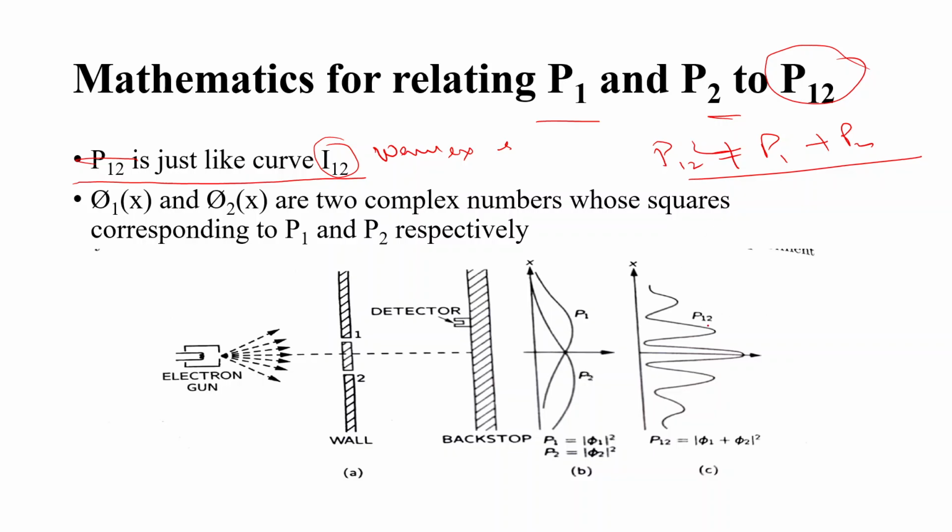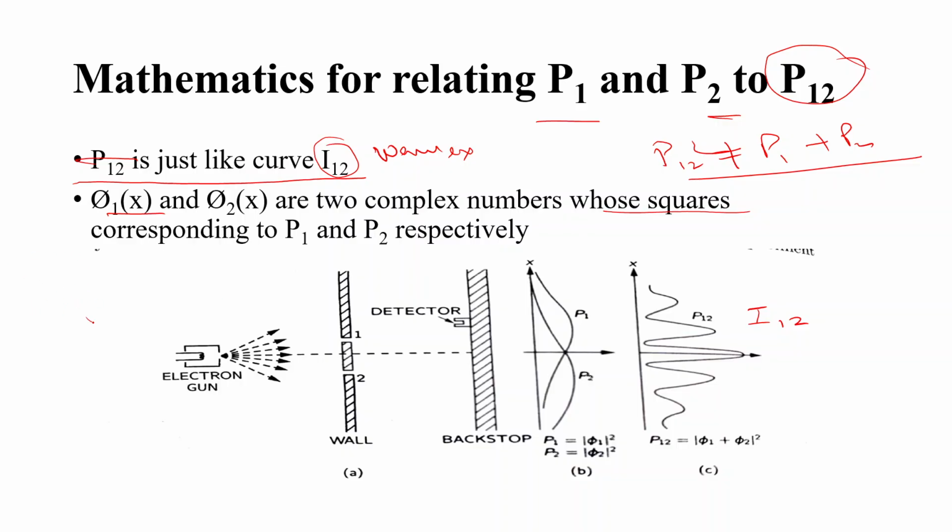So this P12 is similar to I12. And this phi1x and phi2x are two complex numbers whose squares correspond to P1 and P2 respectively, and we introduce here phi1x and phi2x so that we can relate these probabilities P1 and P2.